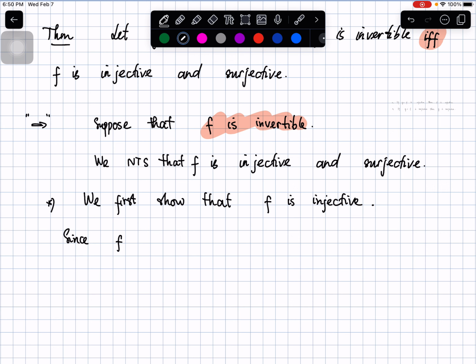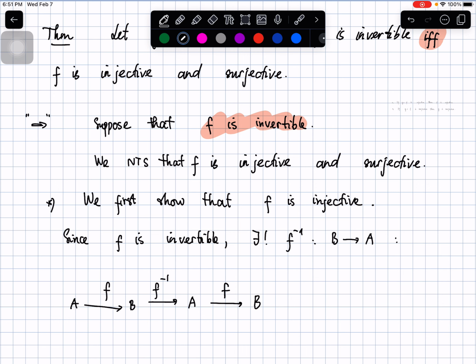Since f is invertible, we know there exists a unique function f inverse from B to A, such that f sends A to B, f inverse sends B to A.